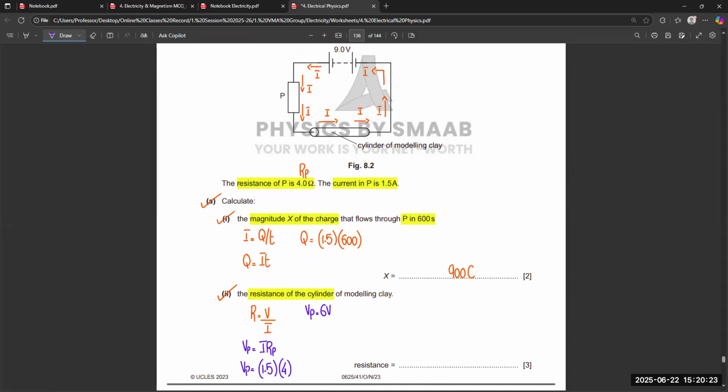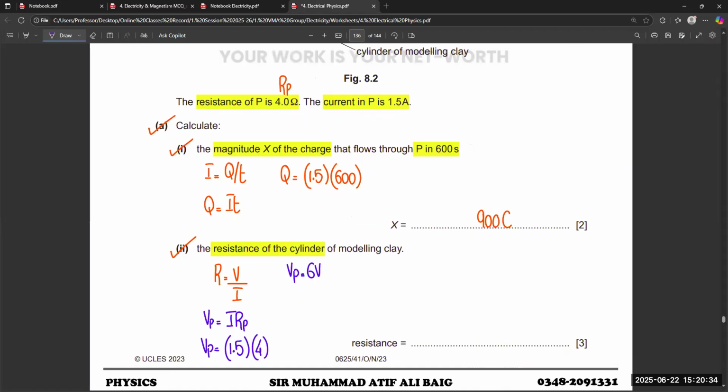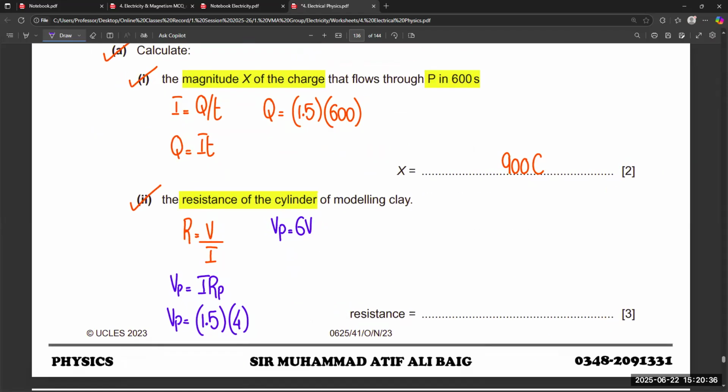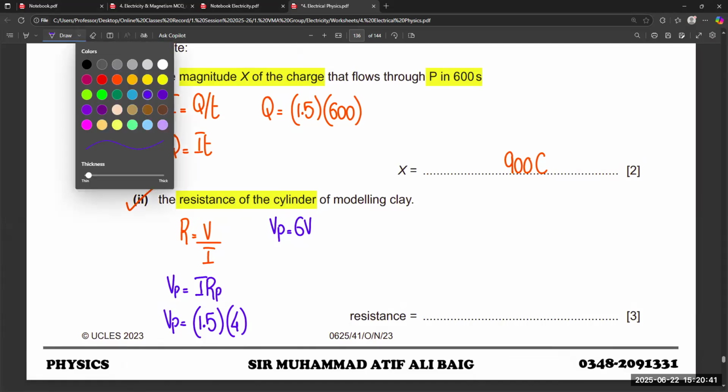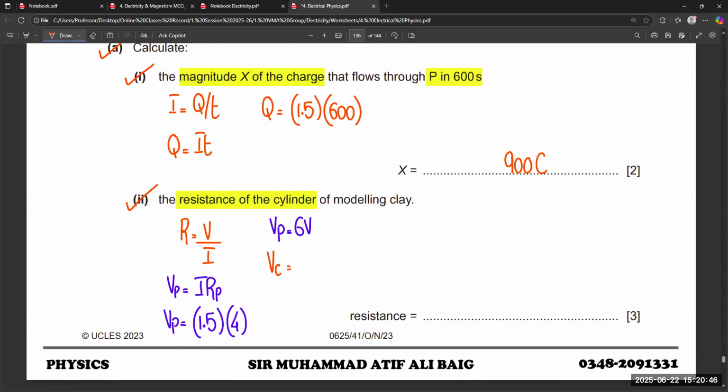Voltage will not remain the same in series combination; it is the sum of individual values. So the voltage of the clay equals 9 volts minus 6 volts, equals 3.